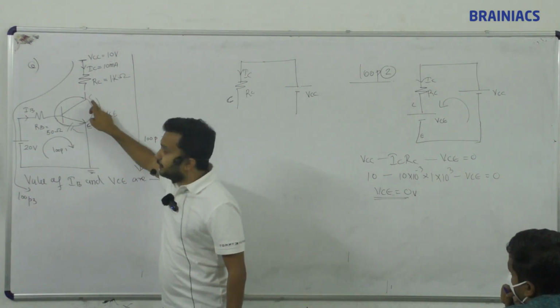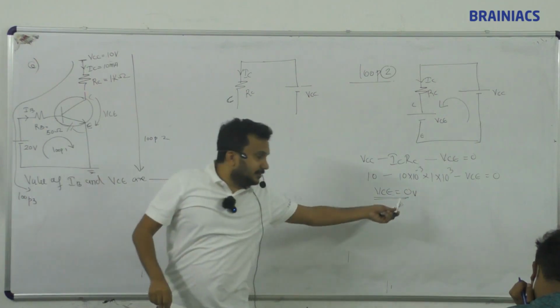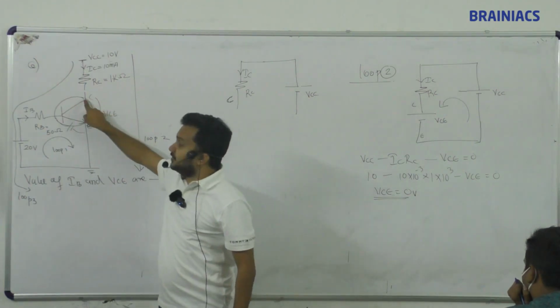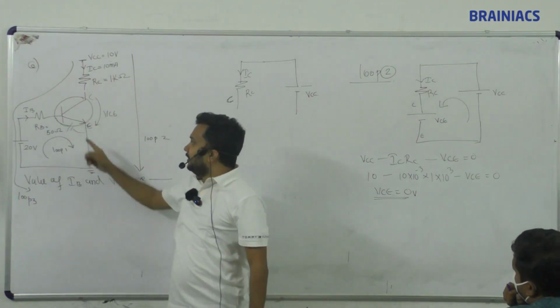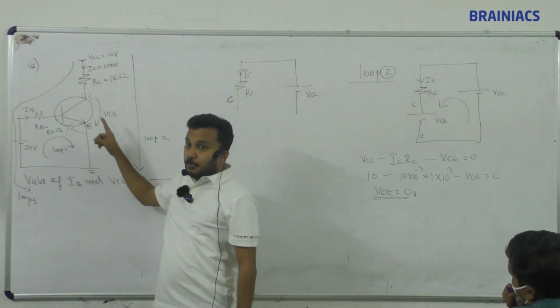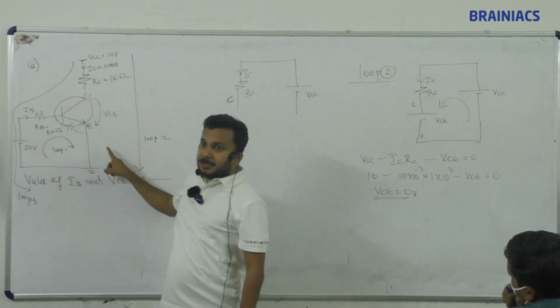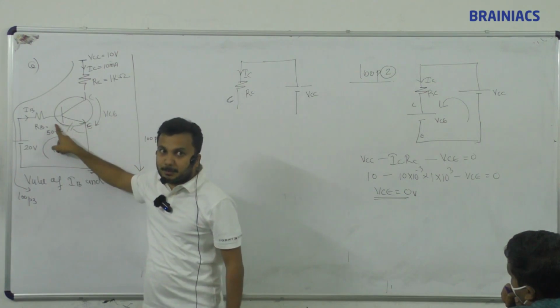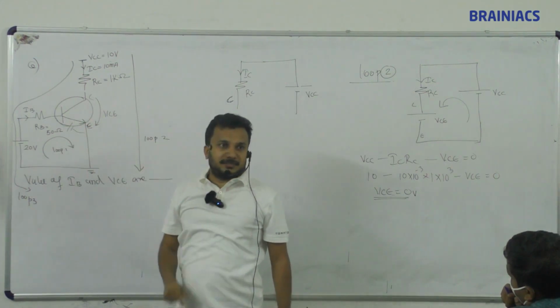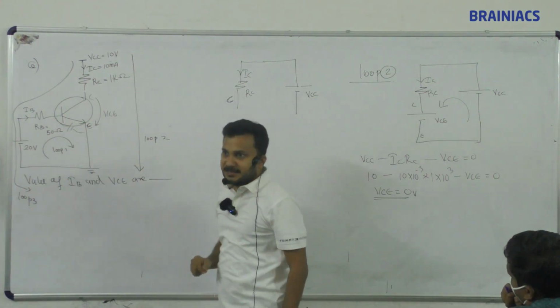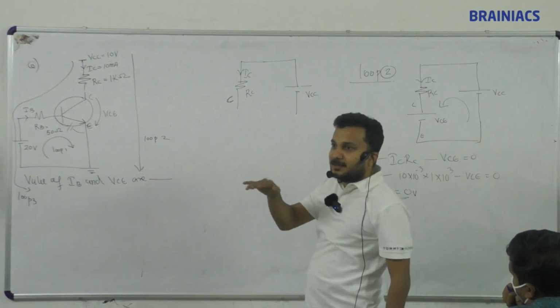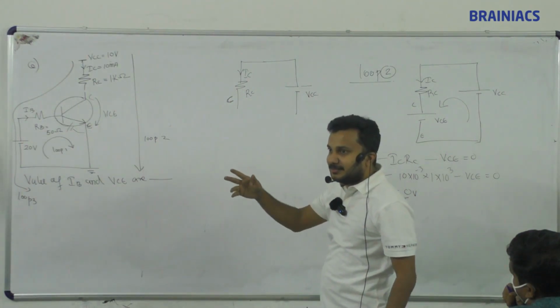What is the voltage of collector with respect to emitter? 0. Keep it in mind. VBE is the voltage of base with respect to ground. How much here? 0.7. So which one is higher? 0.7 is higher. So base will act as positive, collector will act as negative.